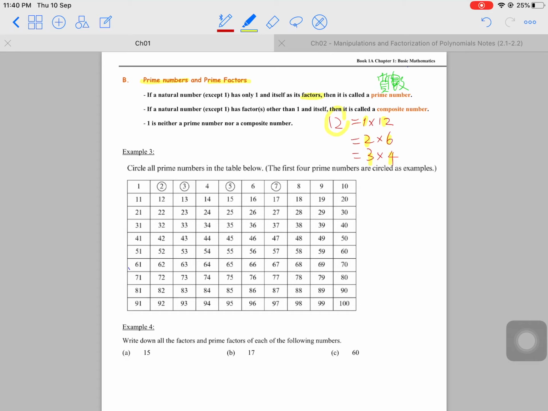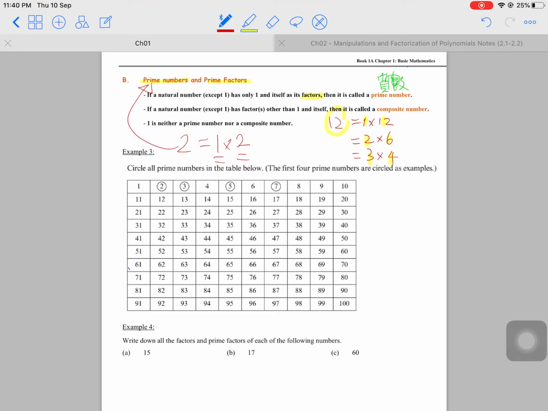Then, if a number can only be split as 1 times itself, that is called a prime number. So, 12 is not a prime number. What is the first prime number? The first prime number is 2, because 2 can only be expressed as 1 times 2, 1 times itself only, with no other factors. So 2 is a prime number.